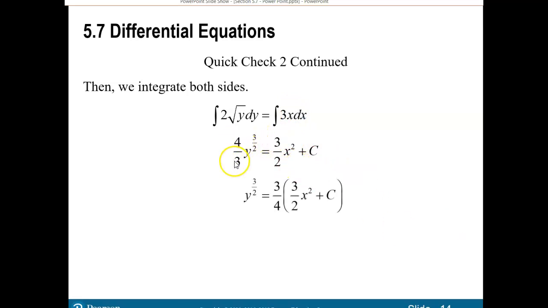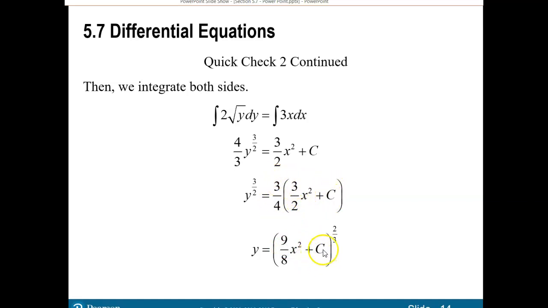All right, so again, we want to solve for y, so we're going to multiply by 3/4. That would leave this. So this right side is going to get multiplied by the 3/4. So what they've done here, they've distributed the 3/4 in. So 3 times 3 is 9. 4 times 2 is 8. x to the 1/2. 3/4 times c is just a different c, right?